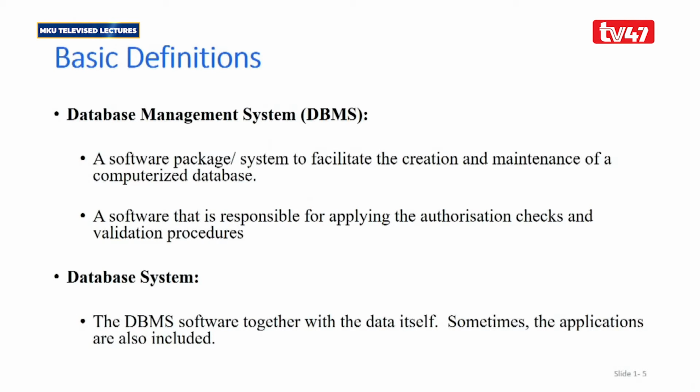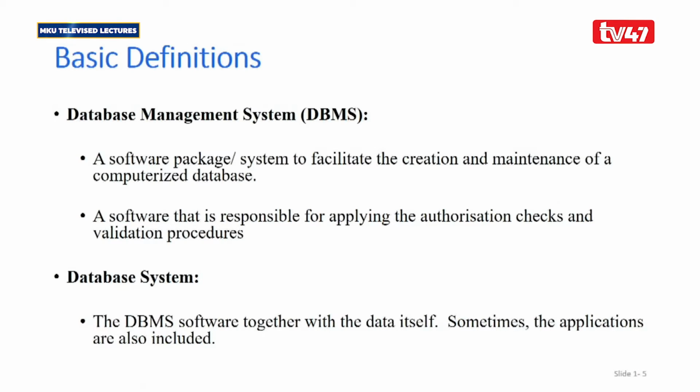We also have the database system, which is basically the software plus the data. The software that we are talking about, that is the DBMS, plus the data that we are dealing with or keying in for a particular domain, which can be a university, a hospital, a library, or any particular domain that requires some storage of data.